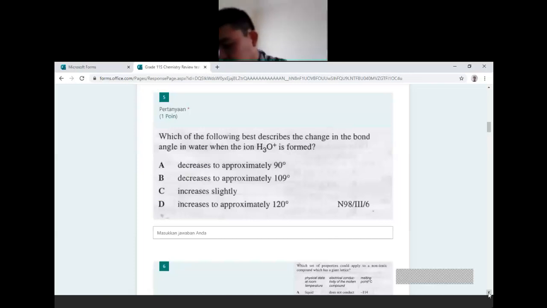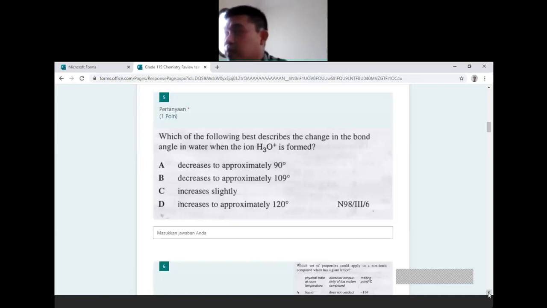Water accepts a proton because the water is acting as an alkali. This happens when water reacts with an acid.